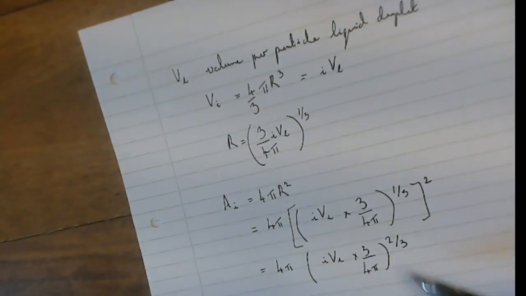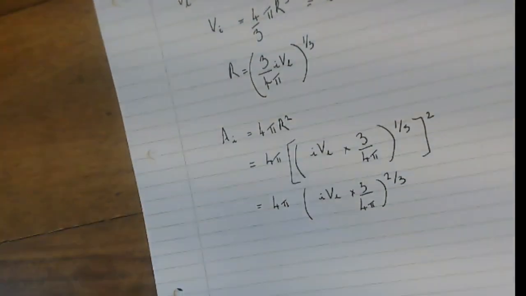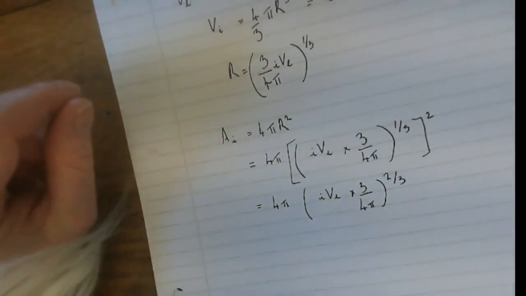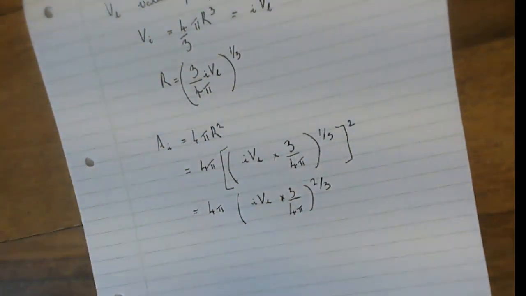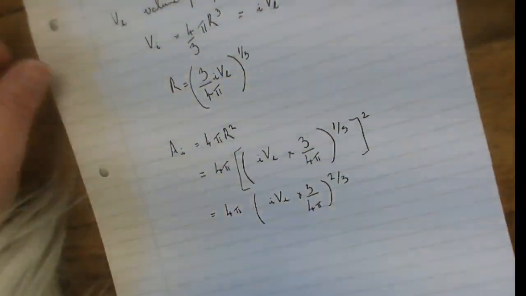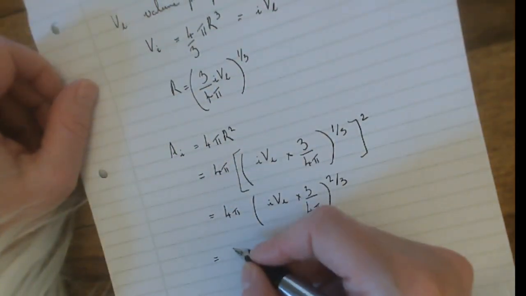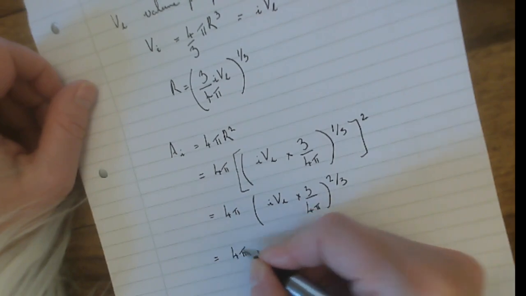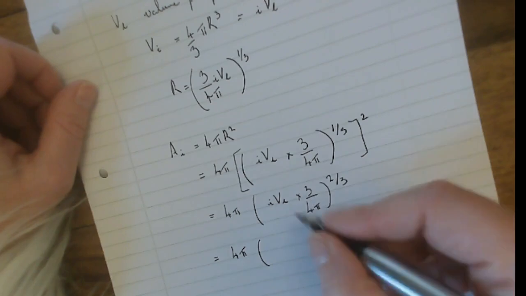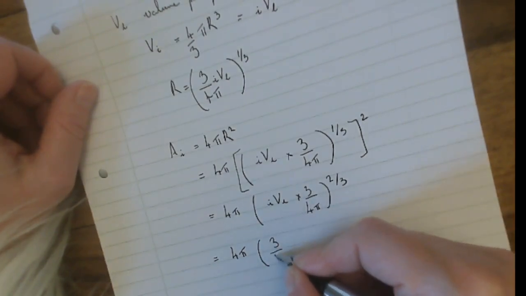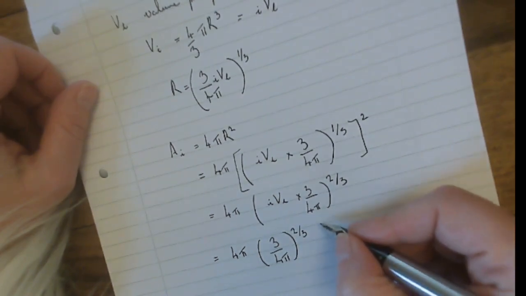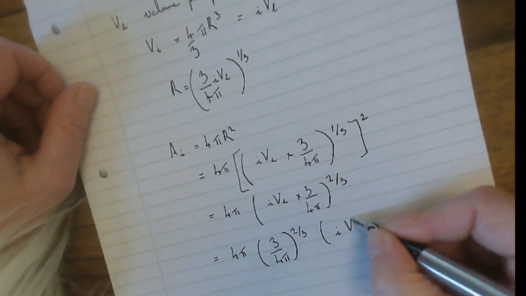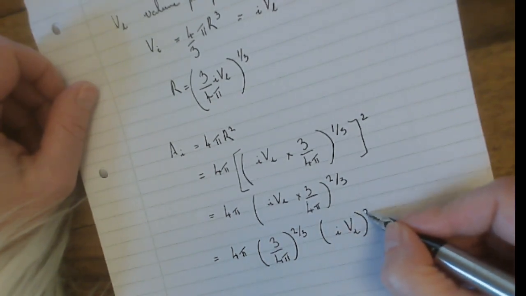Okay, so now you can see where these weird 2/3 powers come from. So let's take the constants out. Taking the constants outside, we've got 3/4 pi to the 2/3, and we still have IVL to the 2/3 left.